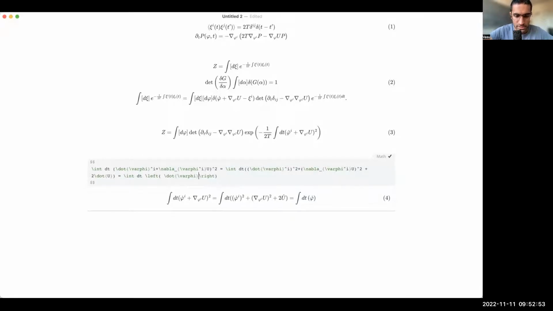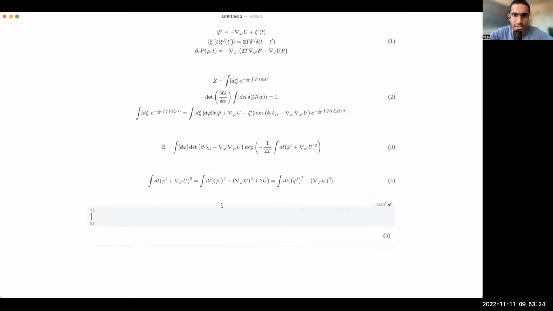Okay, and now we have something shaping up to be a nice action, and we can use it up here.